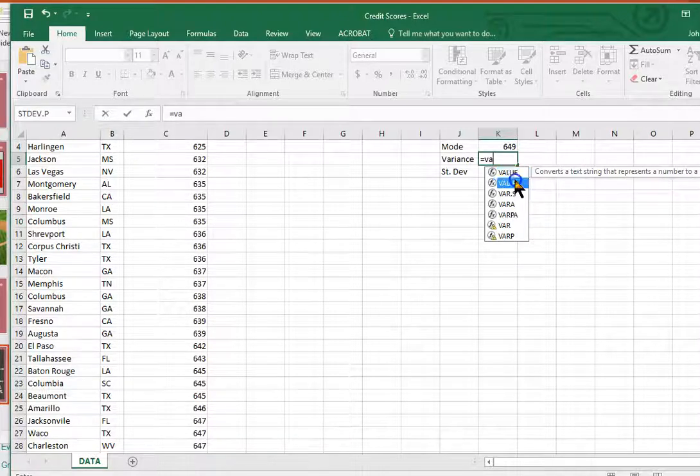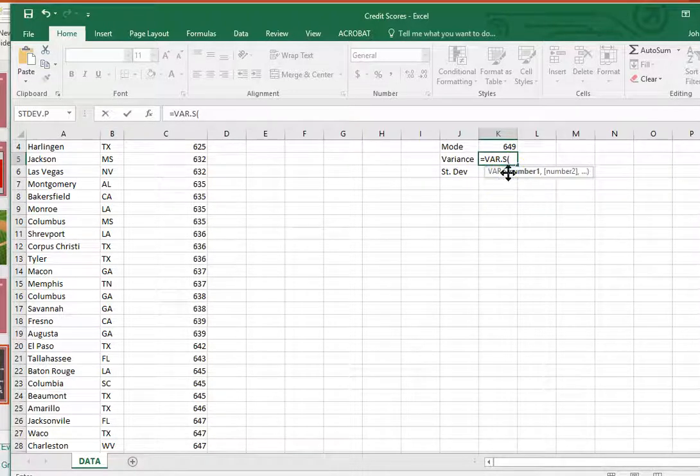Let's just say we're dealing with population here. Well, you know what? I think in all of these I made these all samples, so we're going to do sample, because if I made it population, you wouldn't have a sample to describe.